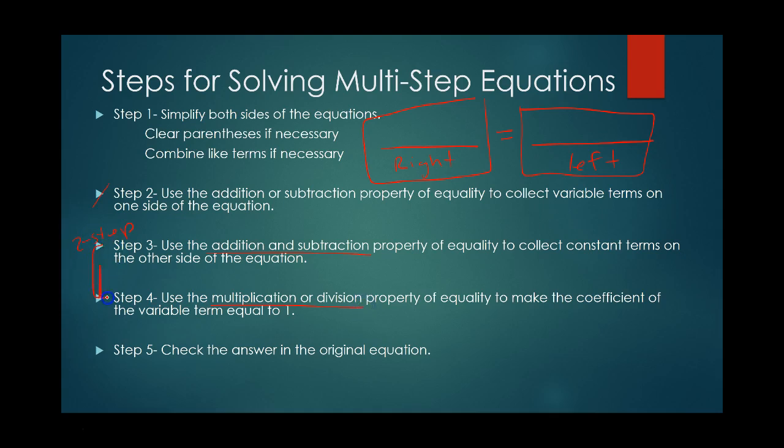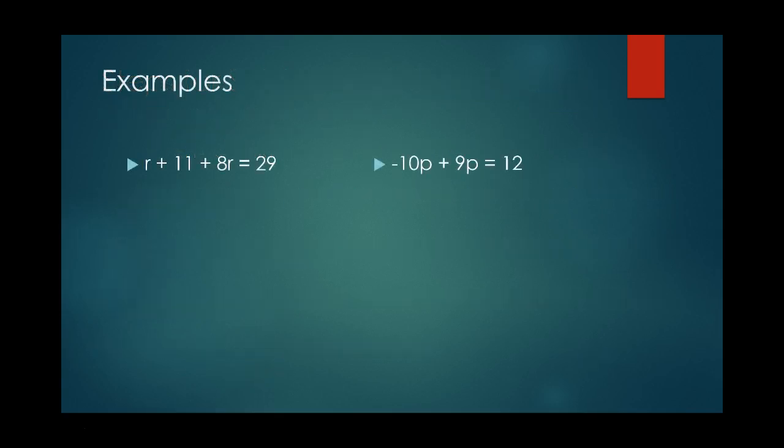So these two are looking at that two-step concept. These next few examples, we're going to be looking at step 1 and then steps 3 and 4. And of course step 5, we can always check our answer. So let's look at a few examples.